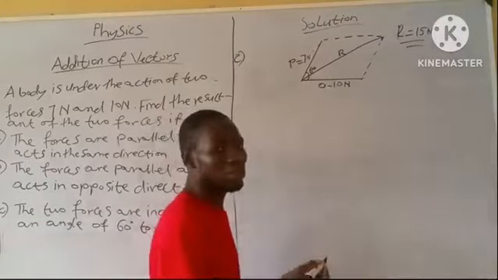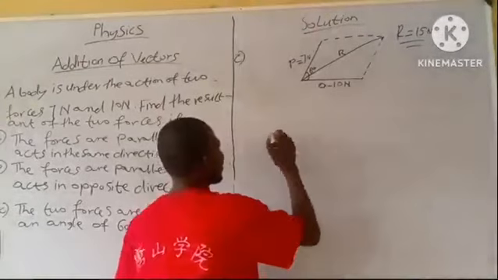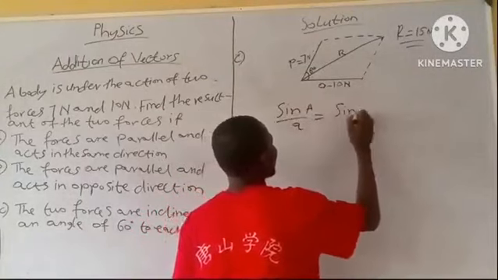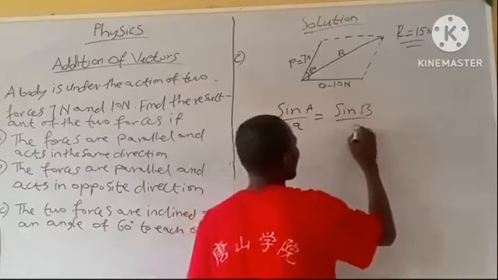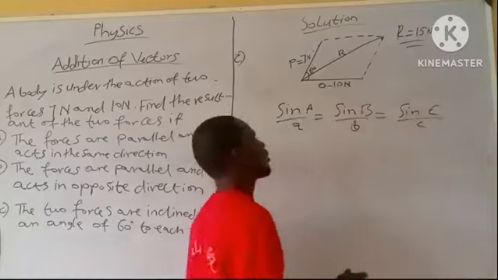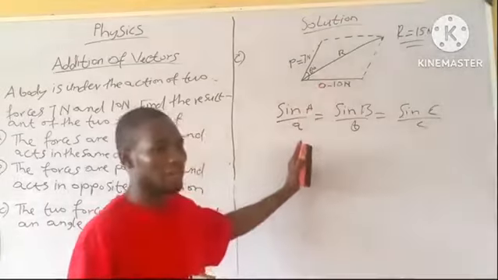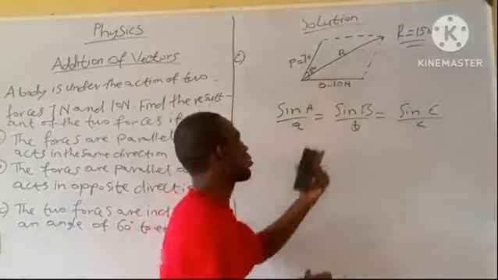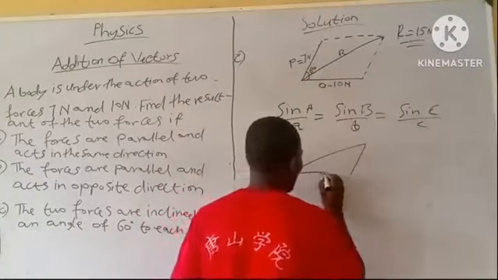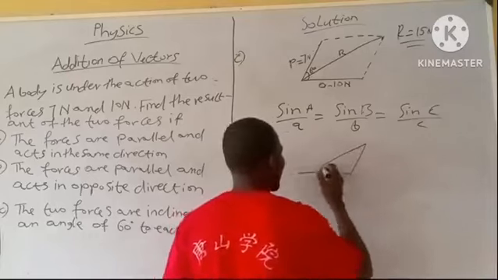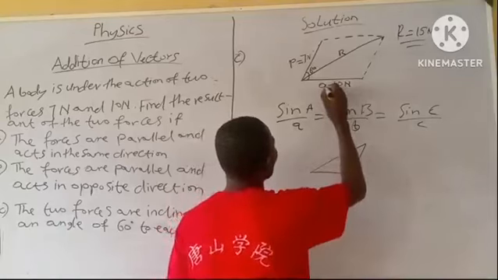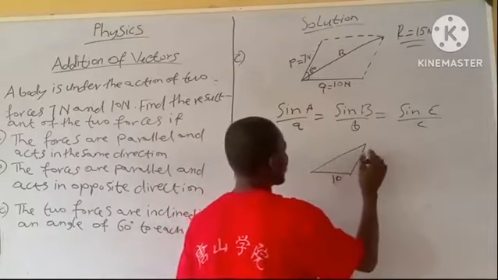Now, using the sine rule, I told us in the last class that the sine rule says sine A over A is equal to sine B over B is equal to sine C over C. If you bring out this rule for a triangle, you draft out this triangle like this. So this is your 10 Newton, this is your Q, and this is your 7 Newton.